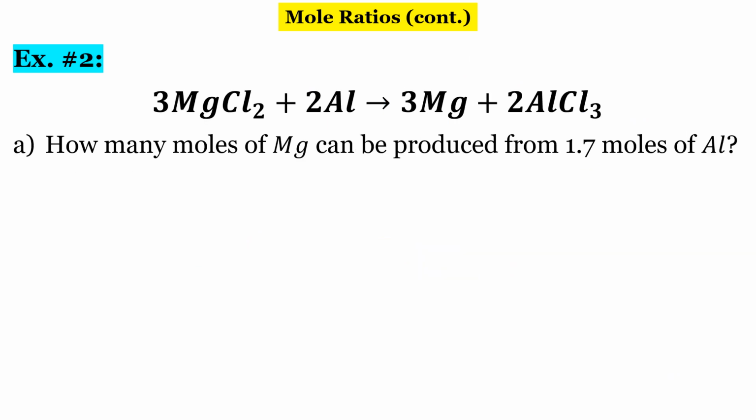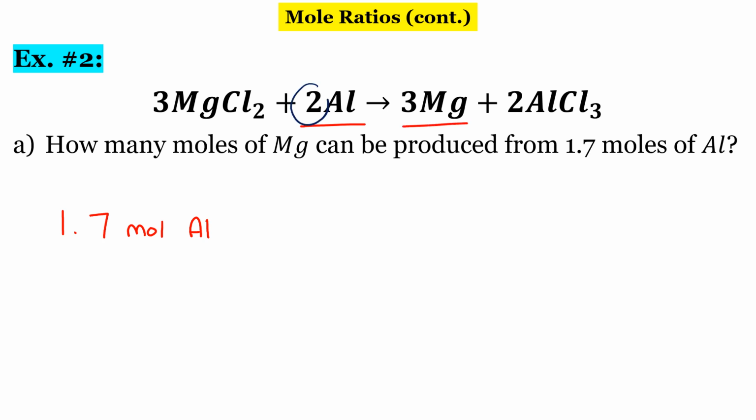All right, here is a different reaction. How many moles of magnesium can be produced from 1.7 moles of aluminum? So let's start by writing out what we're given. 1.7 moles of aluminum. So we're looking at aluminum and we're looking at magnesium.